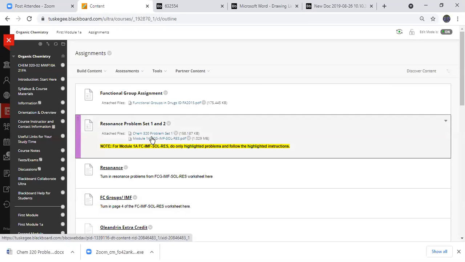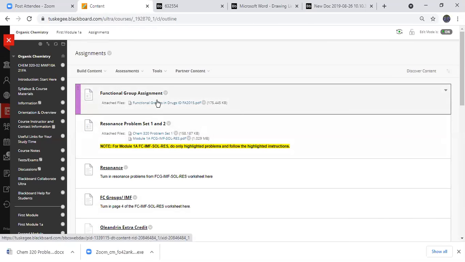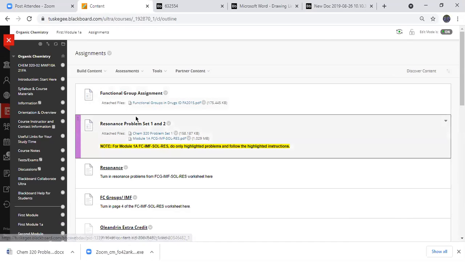This we're going to do today because there's a functional group assignment where we pick out the different functional groups. I'm going to combine this into one link so it's not so confusing, but it's only going to be 2 documents that you turn in this module.